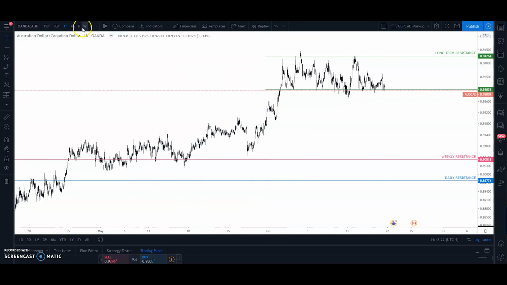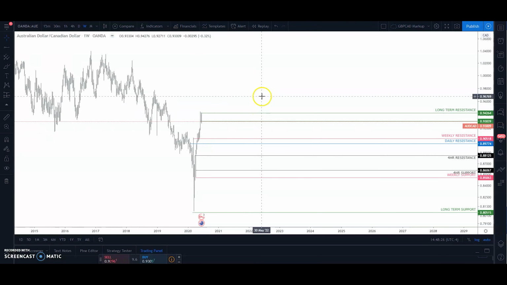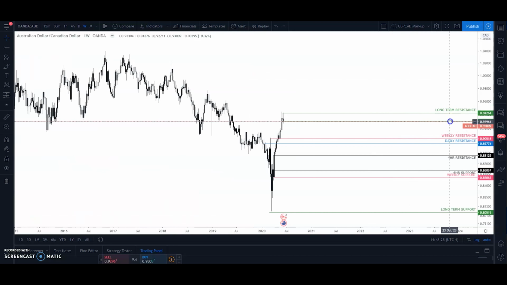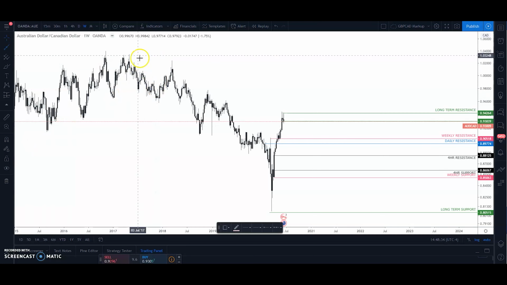All right, and so now I'm going to go to my higher time frame and just draw my trend lines, and I'm going to start from swing high, swing low. So this was the last high, then low, high, then low, high, and this is far enough back.